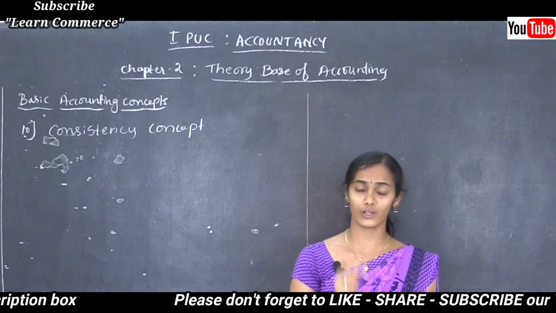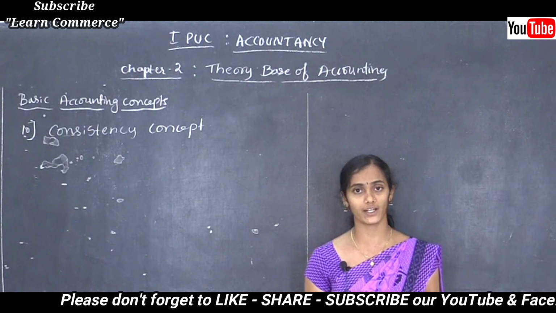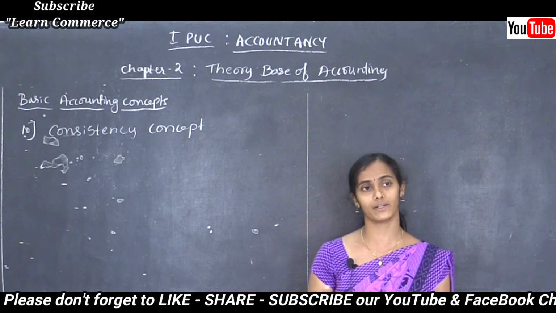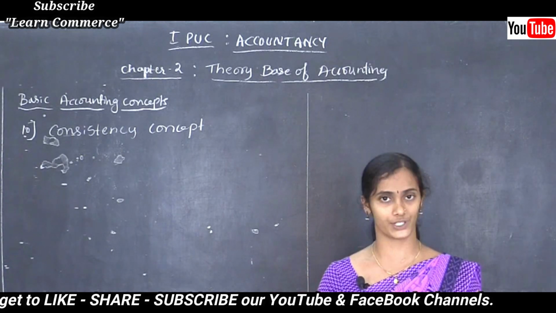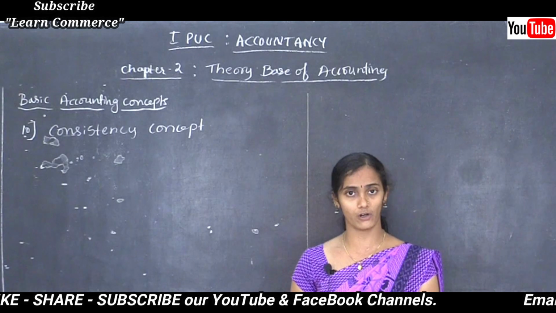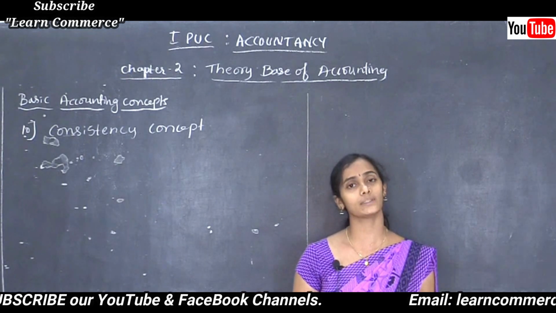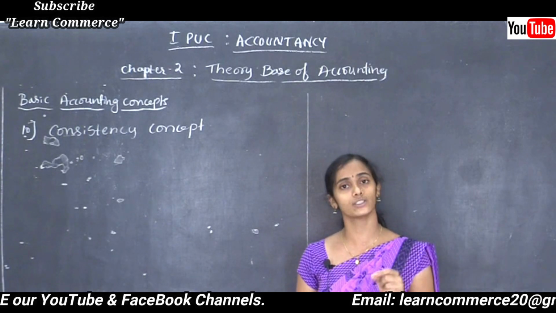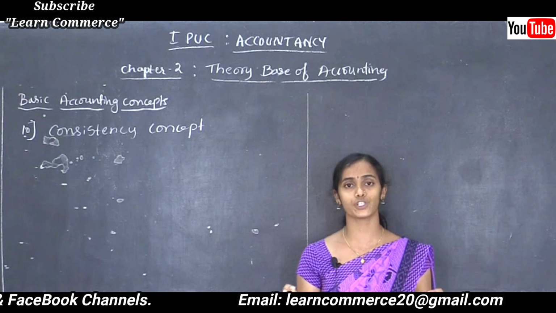We need to follow a uniform accounting format to prepare the profit and loss account, or when preparing the financial statement, that is nothing but the balance sheet. Each and every organization needs to follow the same accounting methods every year to know the financial position.